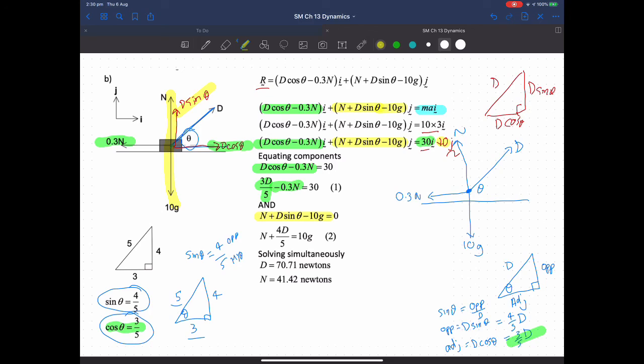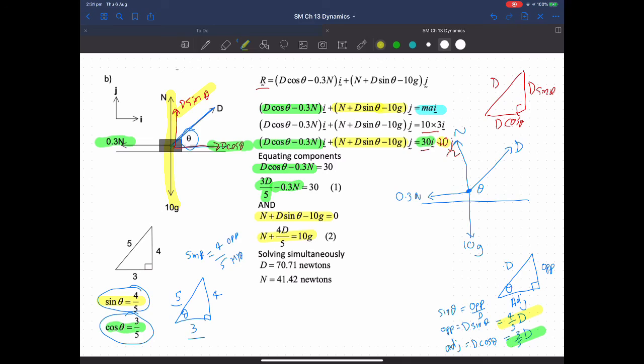I know again from my earlier working, sine theta is equal to 4/5, which means that I know 4/5 D is equal to D times sine theta. So I have N plus 4/5 D equals 10g. I got the 10g by adding 10g to both sides.